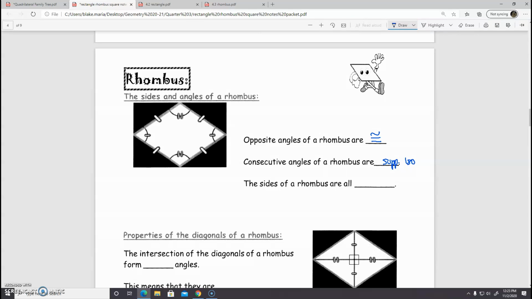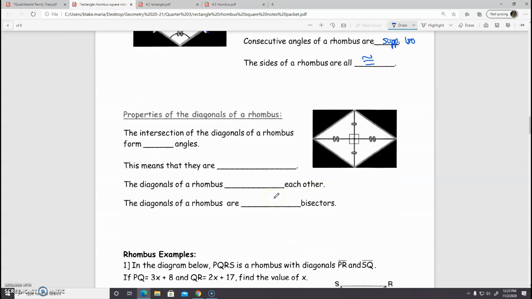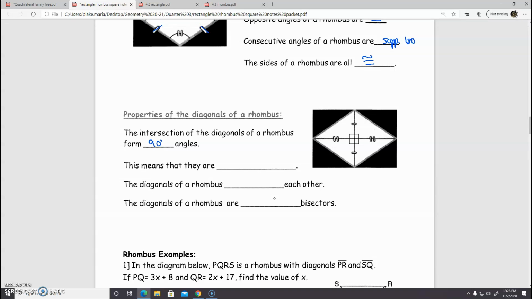Now what makes it a rhombus? That definition, remember, all the sides are congruent. So you see those tick marks, all the sides are the same length. Properties: the intersection of the diagonals of a rhombus forms 90-degree angles, which means they are perpendicular.